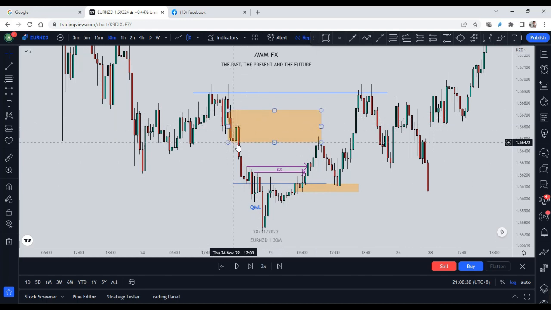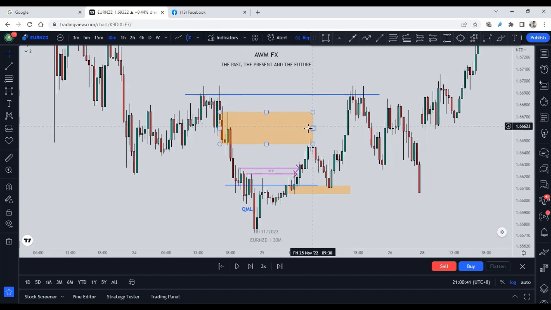Meaning that this zone is no longer valid, making the profit target on the resistance right here very reasonable. So I took my profit.